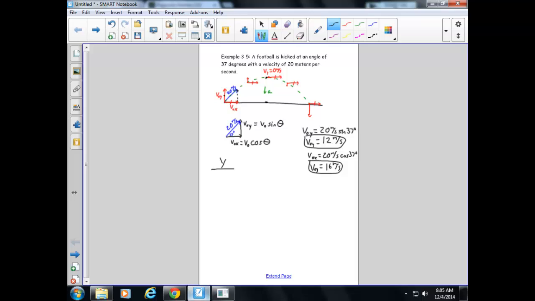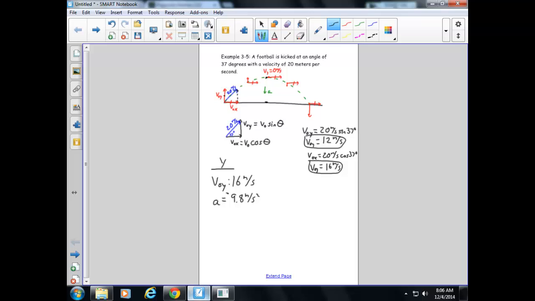In the y direction, we have an initial vertical velocity of what we just found to be 16 meters per second. We have an acceleration that's 9.8 meters per second squared due to the pull of gravity in the opposite direction of the initial velocity.